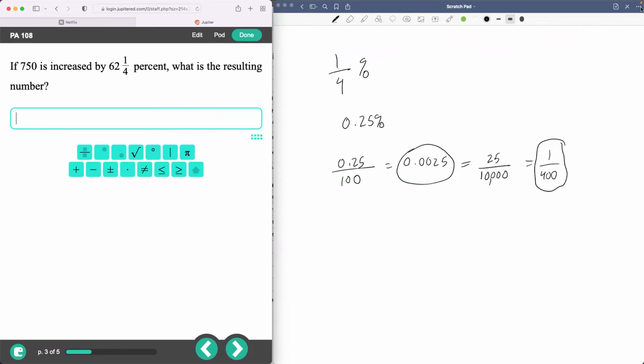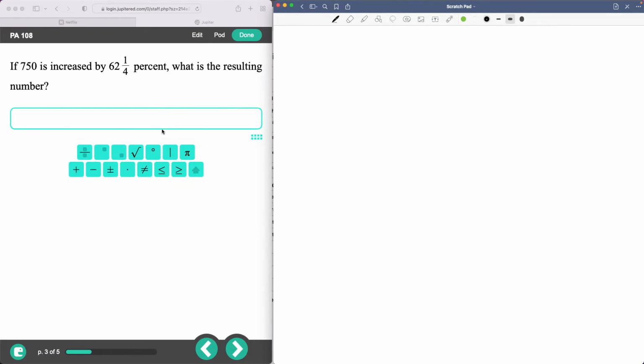Now we have these types of problems, and all you really have to do is convert this, right? 62.25%. So if 750 is increased, that means that this is the original 100%. The original percent is 100%.